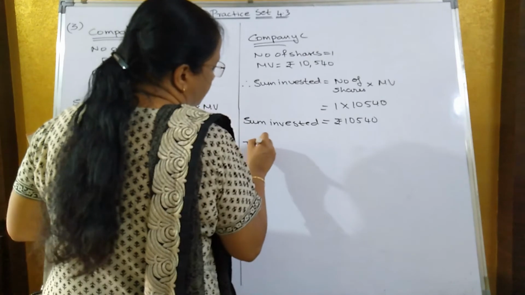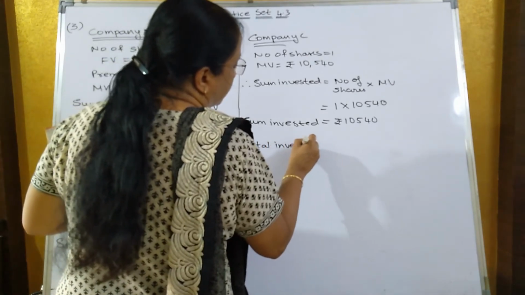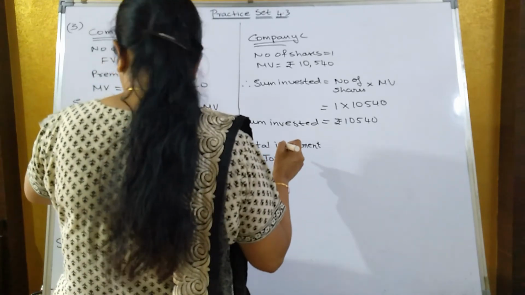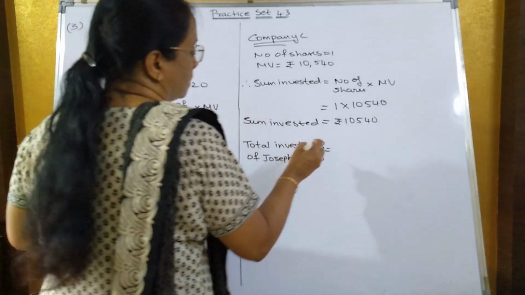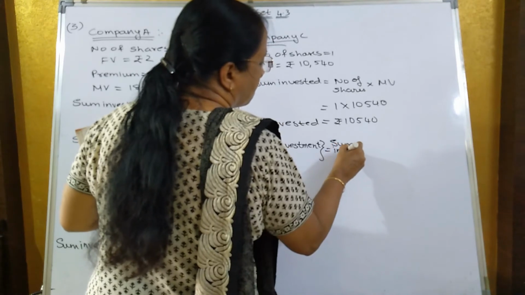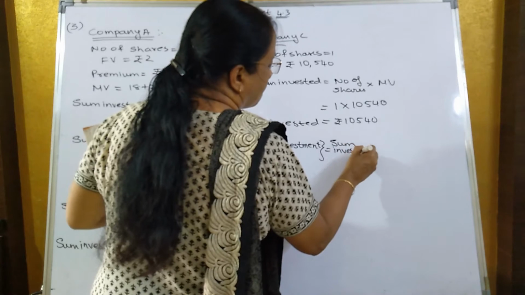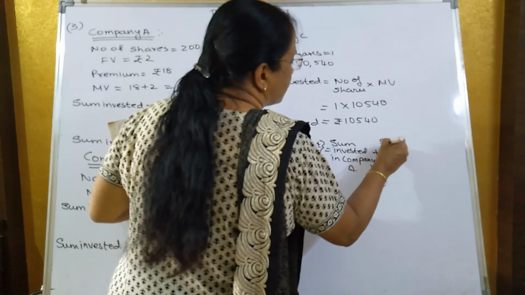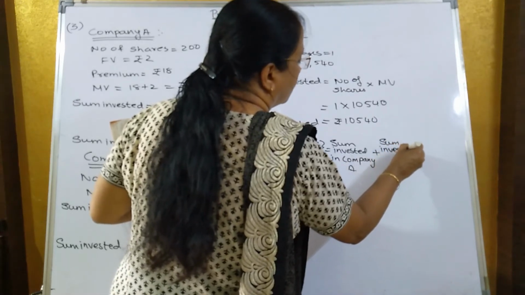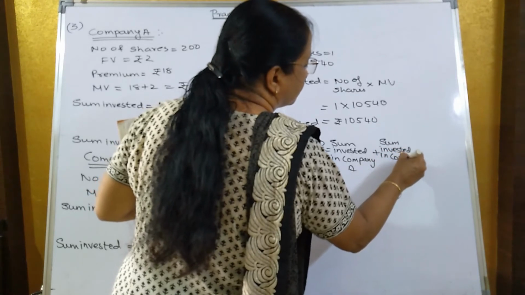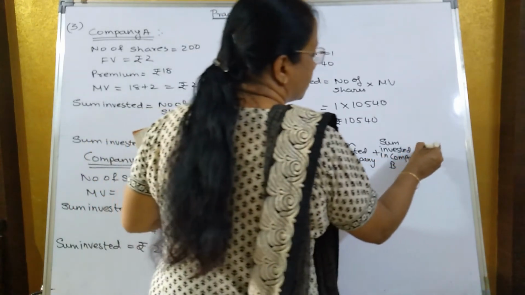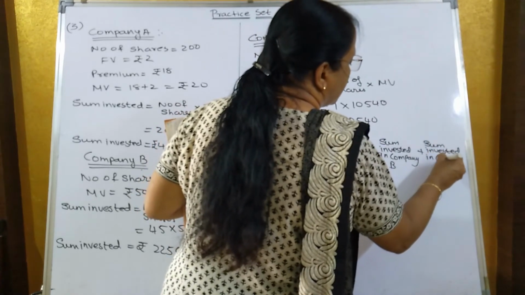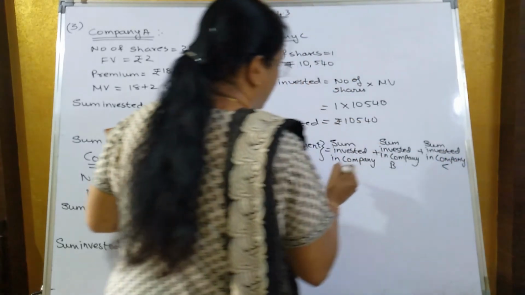So Joseph's total investment is equal to sum invested in company A plus sum invested in company B plus sum invested in company C. So that is equal to how much?